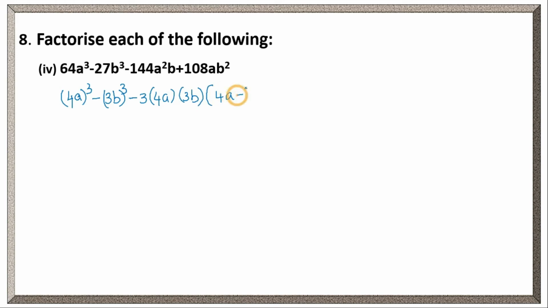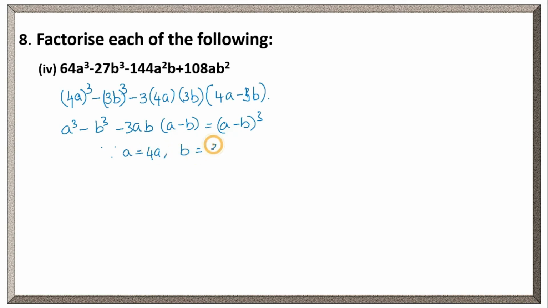(4a minus 3b). Clear? So from this, it is in the form of a cube minus b cube minus 3ab into (a minus b). Clear? Which can be written as (a minus b) whole cube. Here in the place of a we have 4a and in the place of b, 3b.